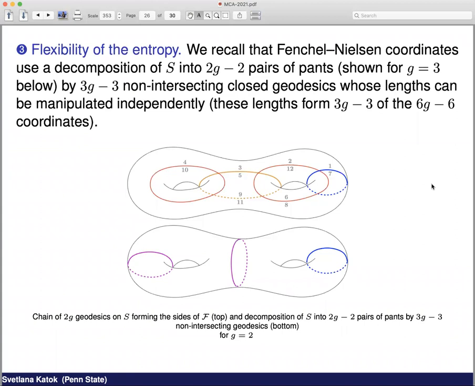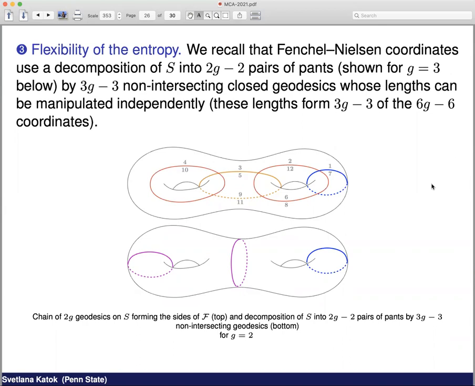And the last part, oh, I even have time. So, flexibility of the entropy. Recall that you have a maximum, which is achieved on the regular one. Now you want to prove that any number between 0 and the maximum is actually achieved for some point in the Teichmüller space. So recall the Fenchel-Nielsen coordinates.